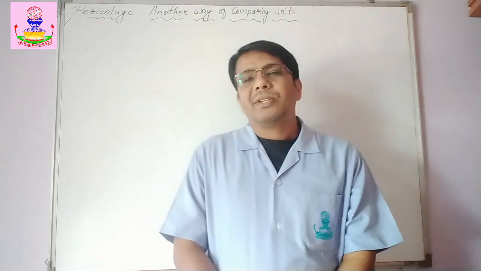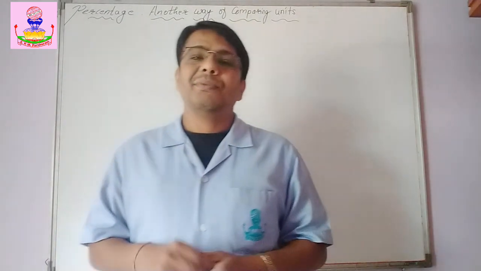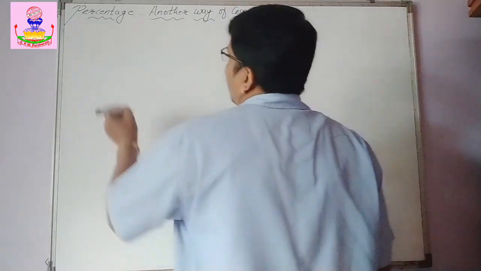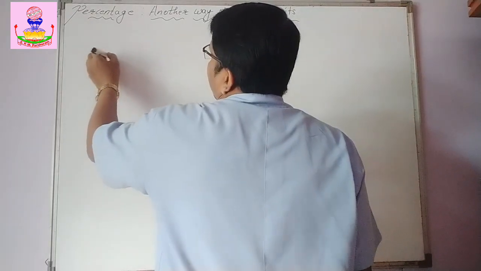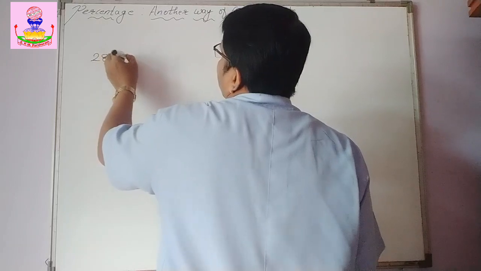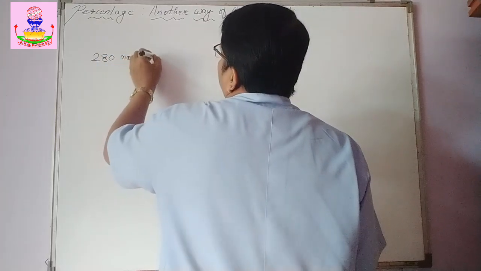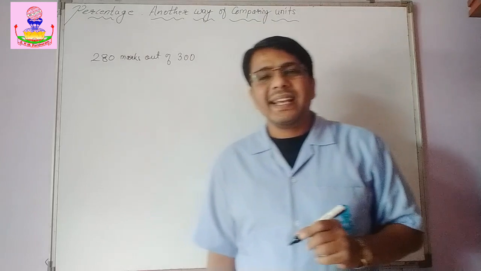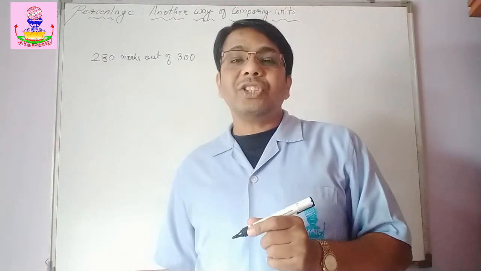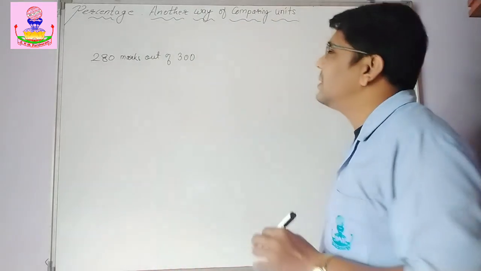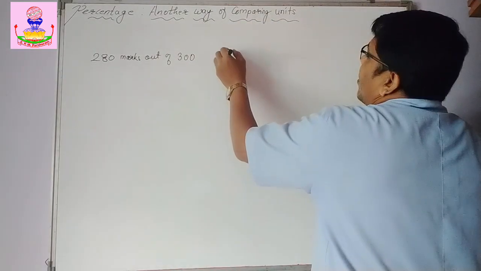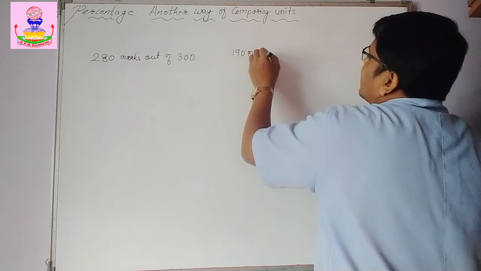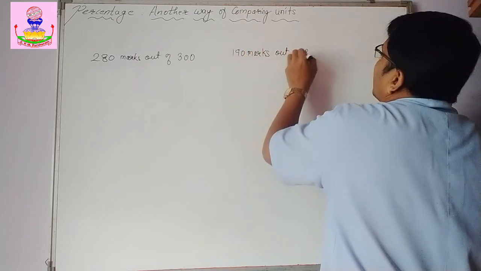Suppose two students of your class, standard 7. One of them, Sajari Parorekar, has scored 280 marks out of 300, and Ayush Wazi has scored 190 marks out of 200.